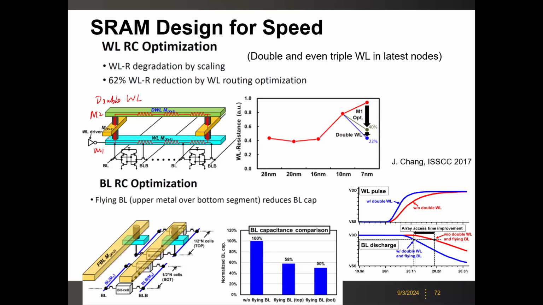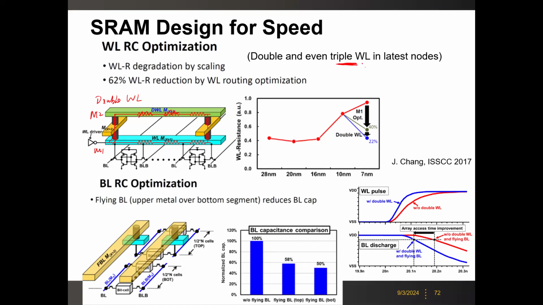Because with one layer of metal, the resistance is too high. So you have to add a parallel path, two resistors in parallel, and the resistance will be lower. So you use more metal routing to compensate for the increase of the resistance. Even for the latest technology nodes, I think even triple word line has been proposed.